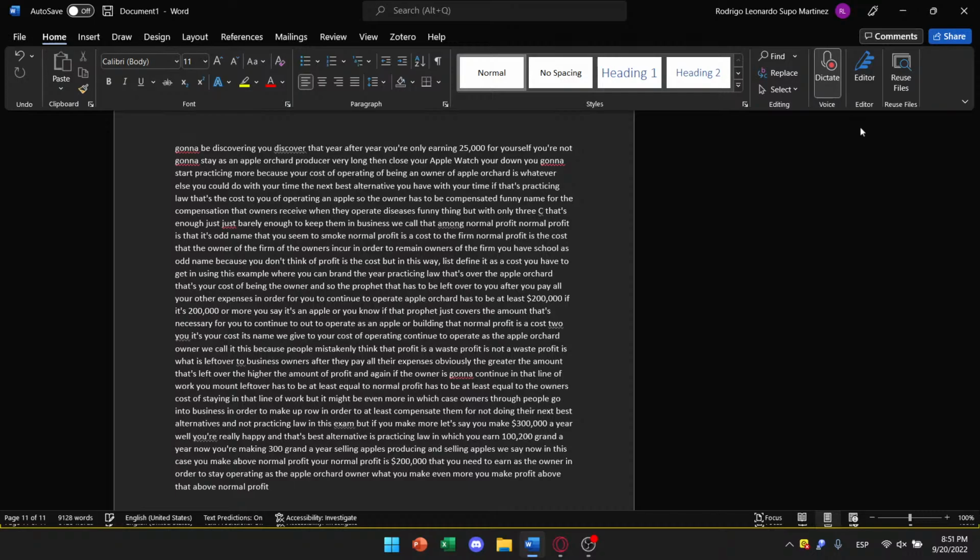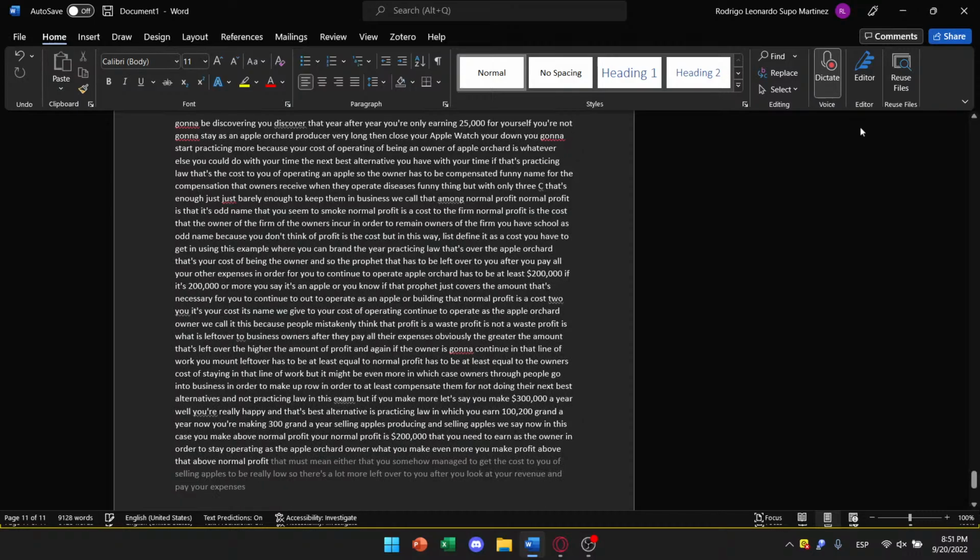That must mean either that you somehow managed to get the cost to you of selling apples to be really low, so there's a lot more left over to you after you look at your revenue and pay your expenses, or you made your apples really, really valuable. People like your apples so much they're willing to pay a premium for it. That's a good thing for society, not a bad thing.